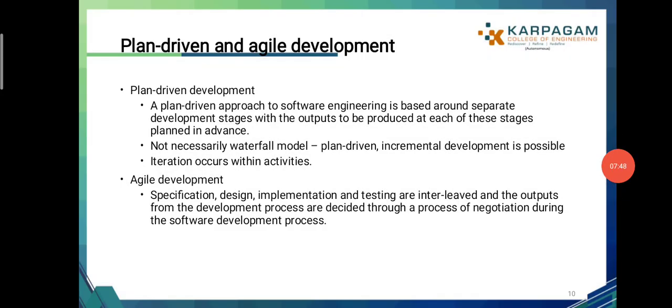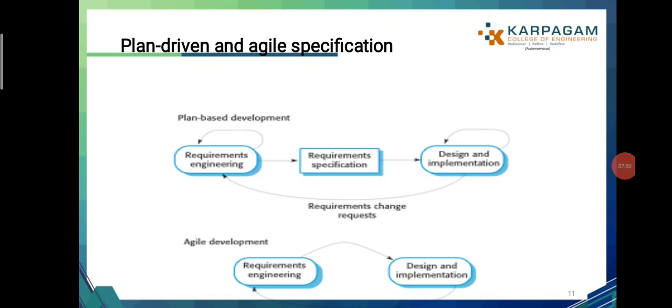Next, we are going to discuss the pictorial representation of plan based development and agile development. In agile development, we only gather the requirements and directly design and implement the product. After the implementation, we give the product to the customer. Based on the customer feedback, we change the design of the product, right?